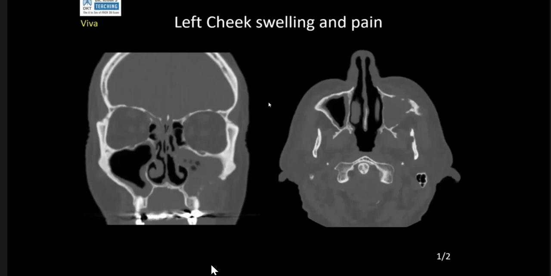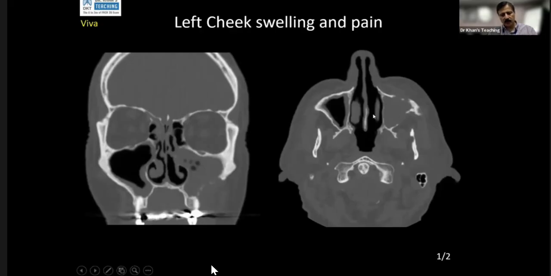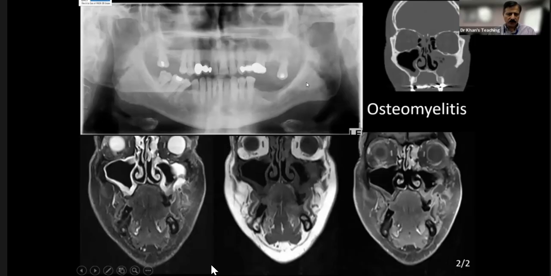Right. So if you see here, there is destruction of the lateral wall and there is a destruction here. Now, I have given you an OPG here. This OPG per se is an exam case, but we will tackle the OPG separately.